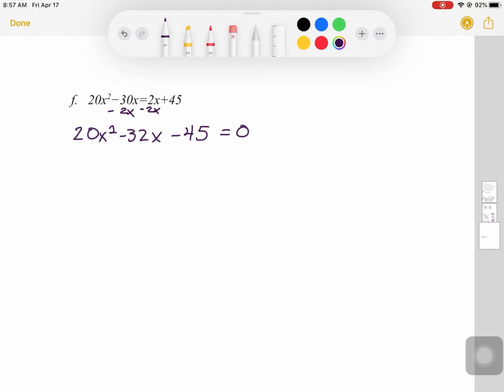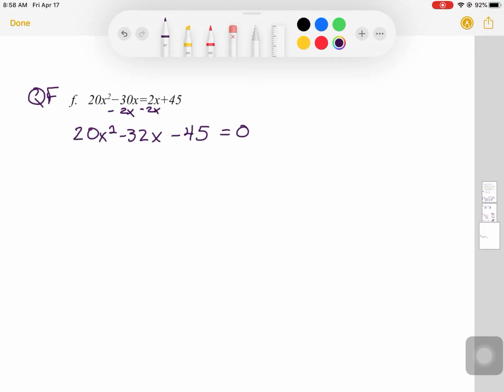There is a possibility that this one is factorable, and you could go through the whole product and sum, and it would take a little bit of time, but it would be about the same amount of time as the quadratic formula. So since I know this one would be difficult to factor, I think I would just go ahead and try using the quadratic formula.